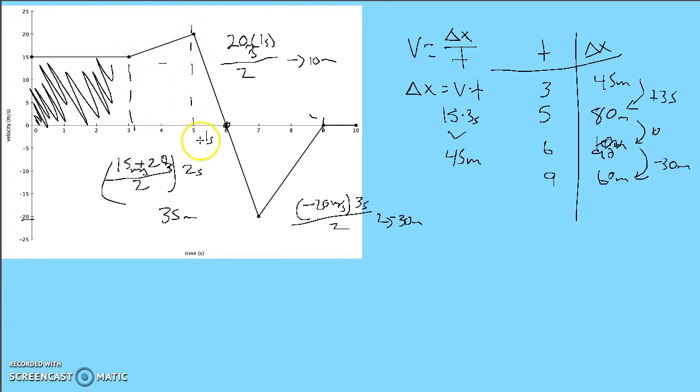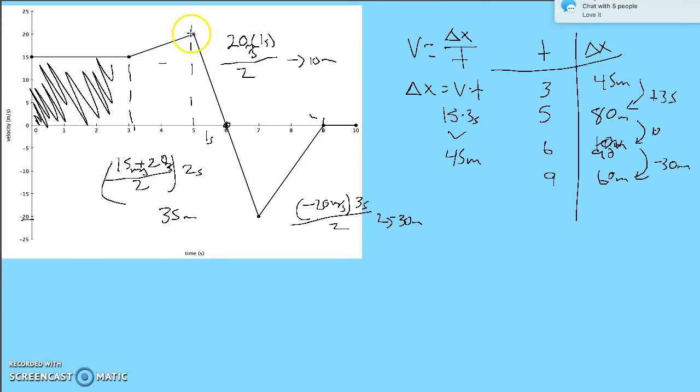What's happening at 5 seconds? At 5 seconds, the velocity starts to change. It was speeding up before, and now it's starting to slow down. What's not happening is it turning around. It's not turning around here.